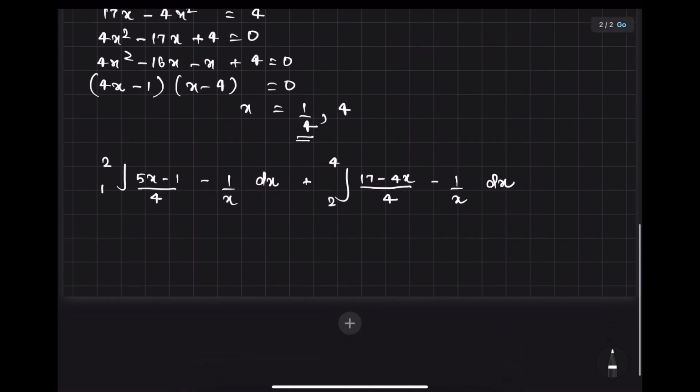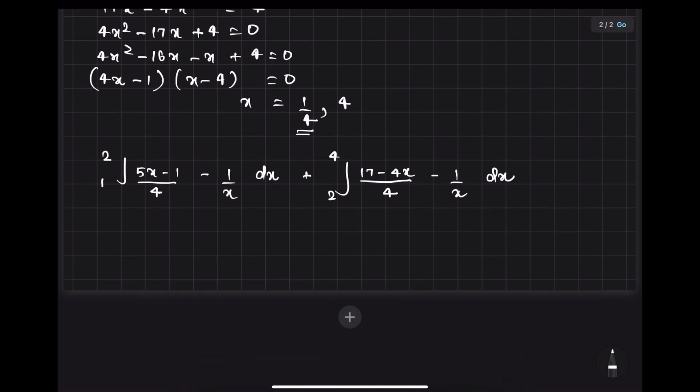Now we have to do the integration to find the required result. So 1 by 4, it is 5x square by 2 minus x, and then we have log x, from 1 to 2.